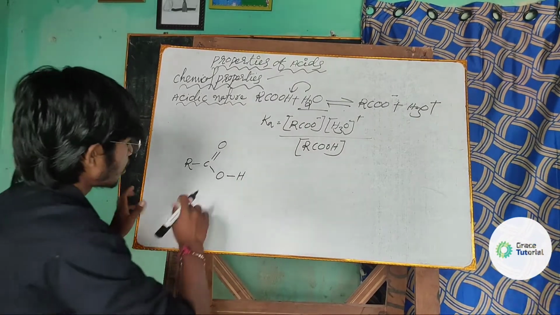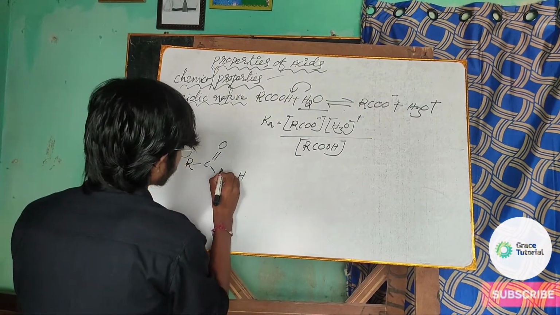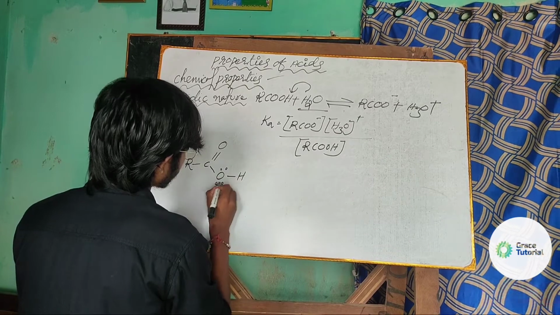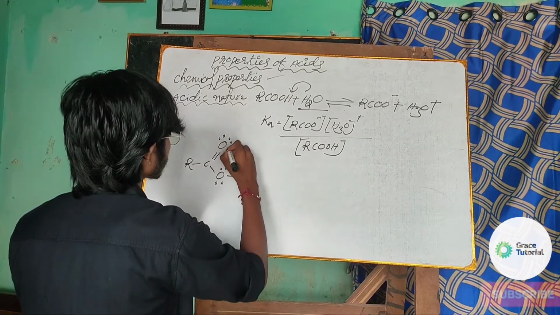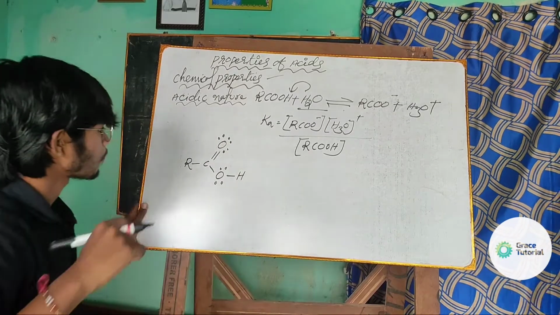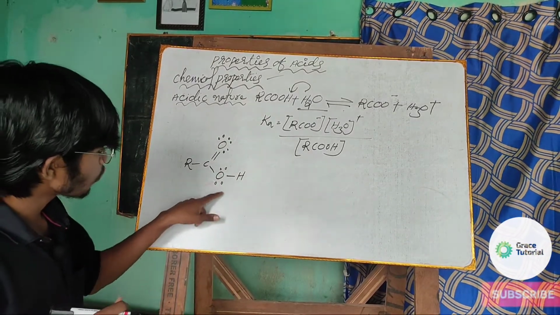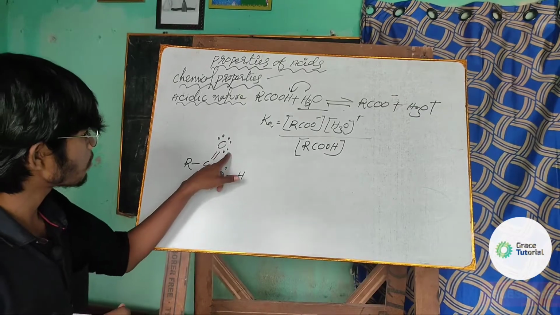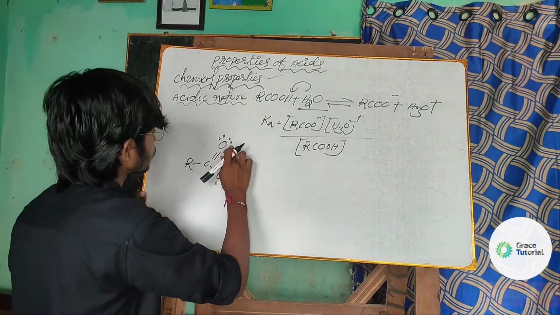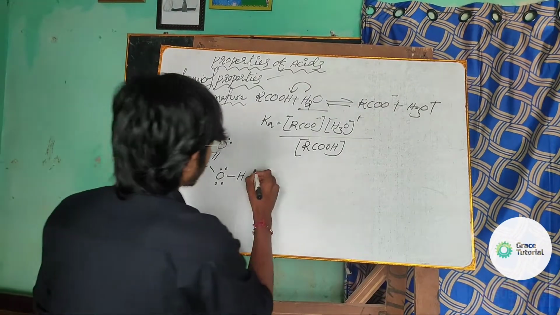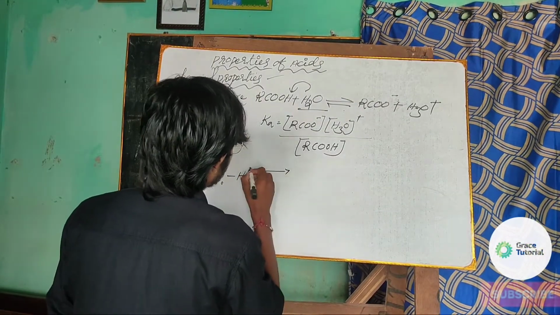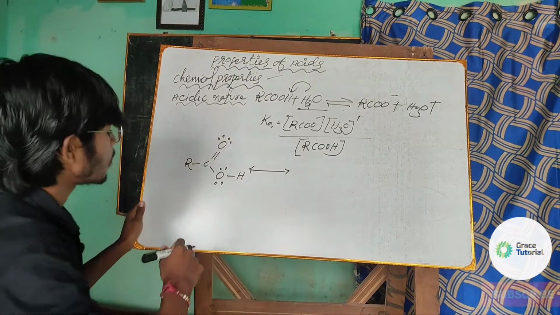We have RCOOH. If you look here, 2 lone pairs will be there on the oxygen.